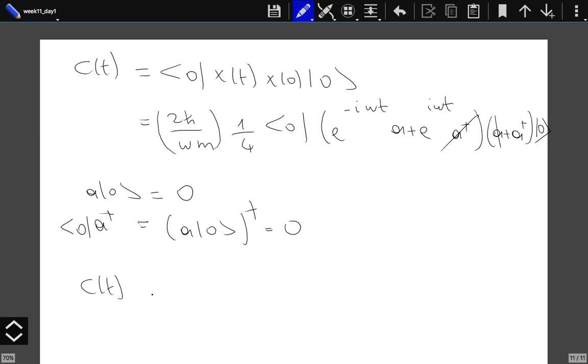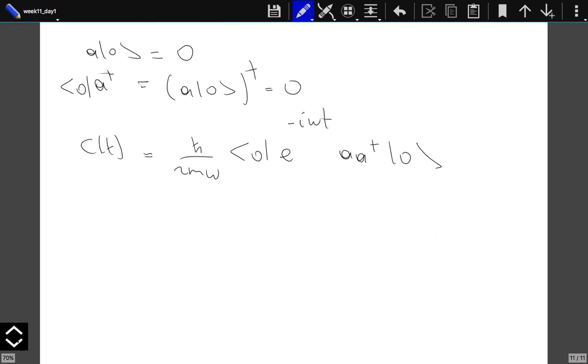So for the ground state, this is equal to h bar over 2m omega, vacuum, e to the power minus i omega t a dagger, vacuum. This is equal to h bar over 2m omega, e to the power minus i omega t, a dagger acting on the vacuum, magnitude squared.